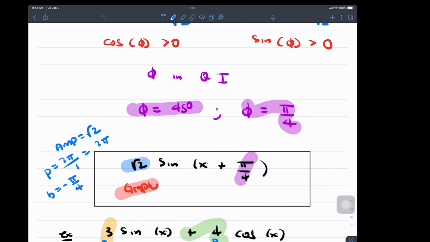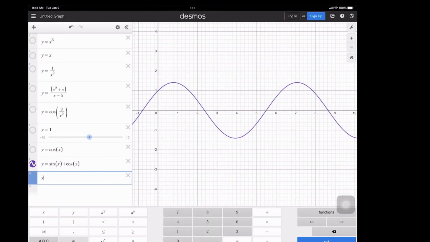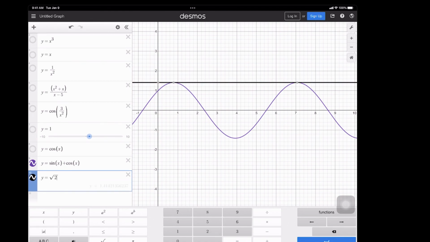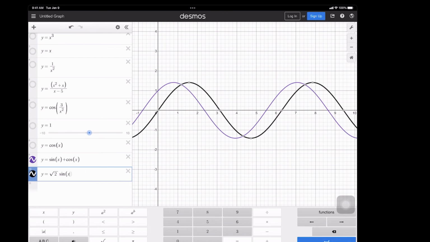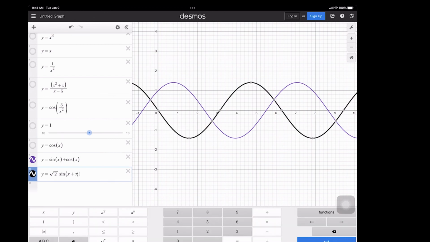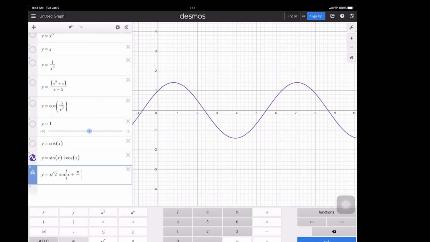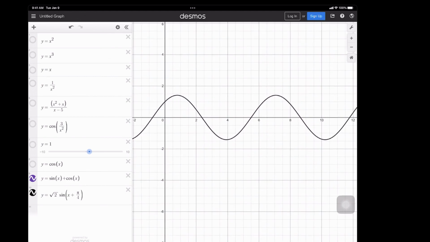But if I look at decimals, that's y equals square root of 2 sine of x plus pi divided by 4. So here's what I want to remark.